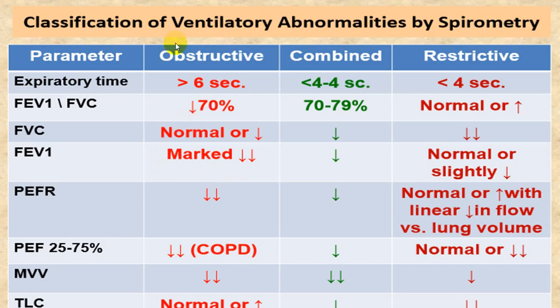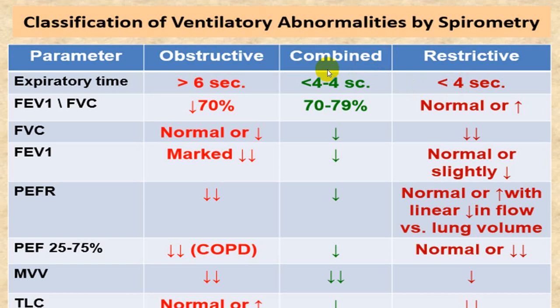So this is combined. Now expiratory time is 6 seconds ideally, but if it is more than 6 seconds, it is straightforward obstructive. In restrictive it is less than 4 seconds, because the person cannot do a good inspiration.